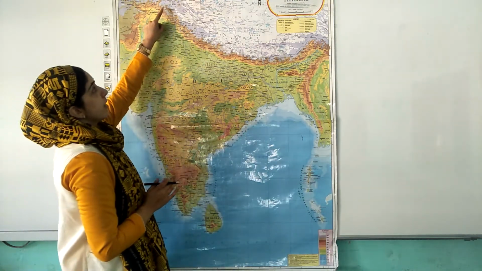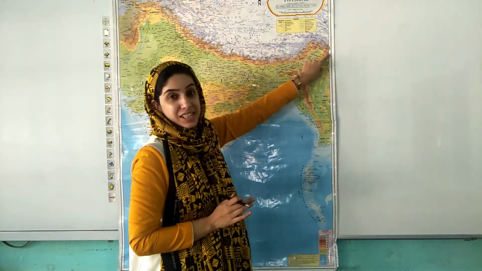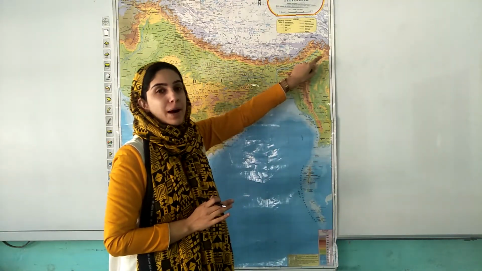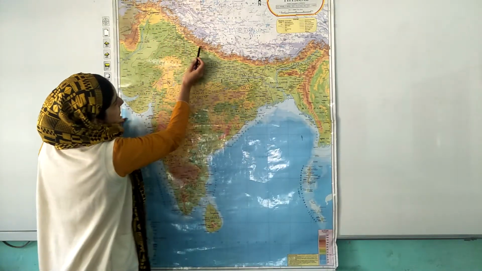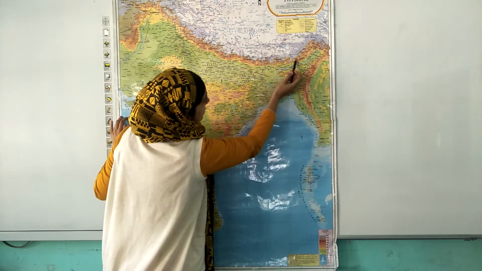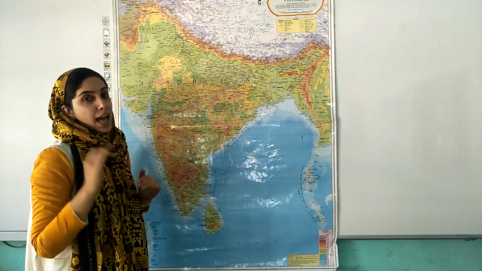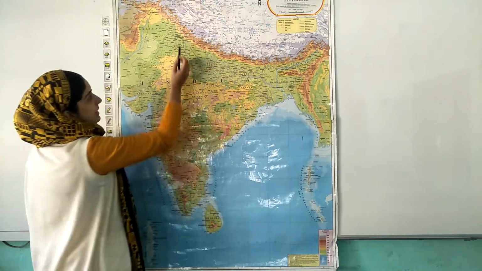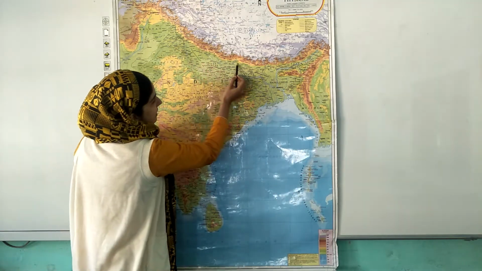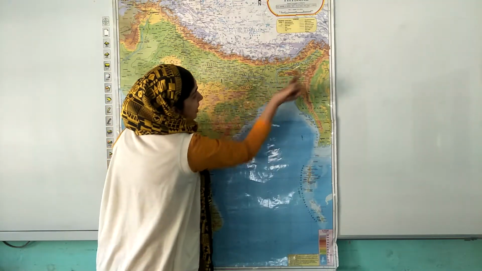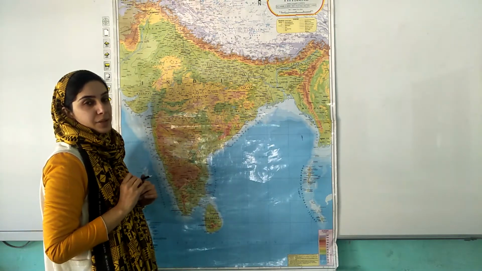The first range, the northernmost range, is known as Greater Himalayas or Himadri. Then towards the south of this line, we have the Lesser Himalayas. And towards the end, this continuous range is the Shivaliks or the foothills of the Himalayas.